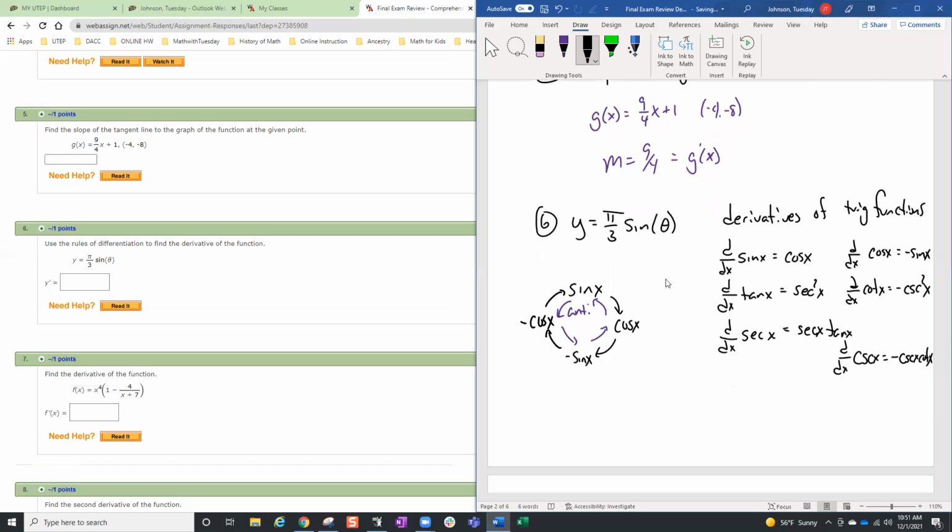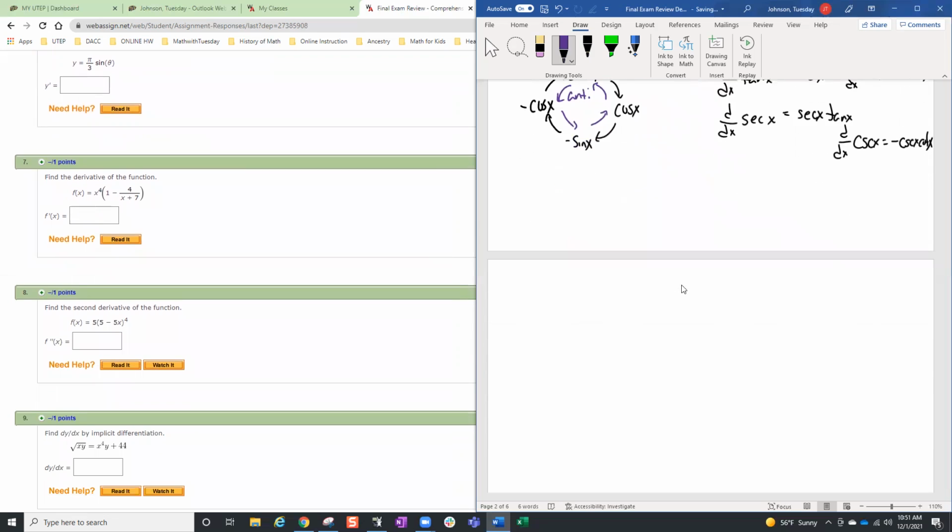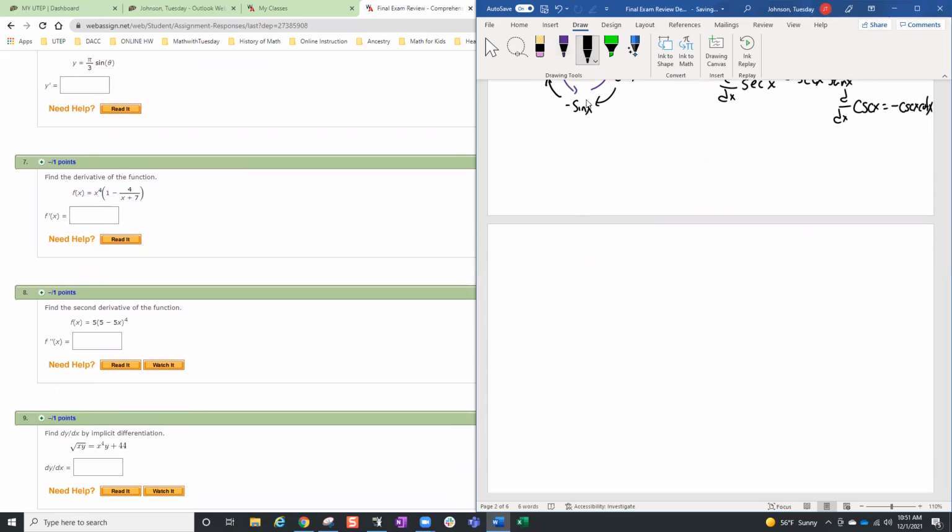So don't overthink this one. This one has actually derivative. Pi over 3 is a constant. Derivative of sine is cosine. That's it. It's been a while, but exam 1 compared to what you guys are doing now really was straightforward. You can have several that are just find the derivative.